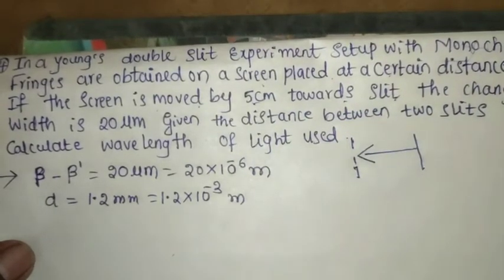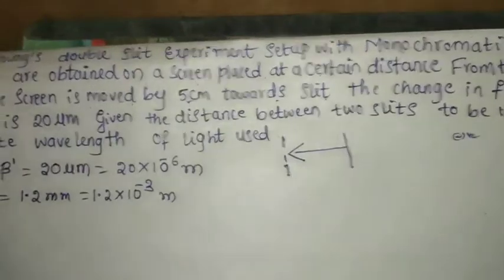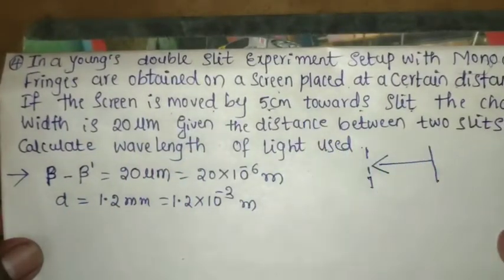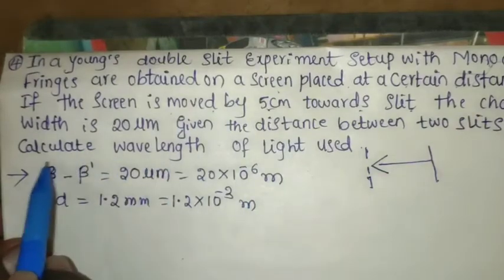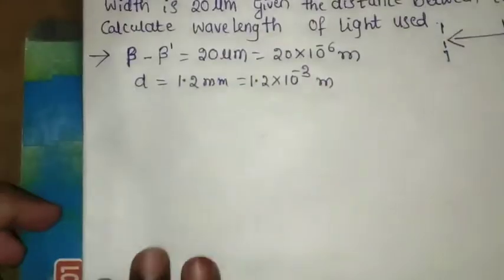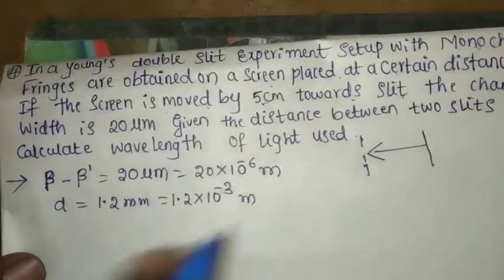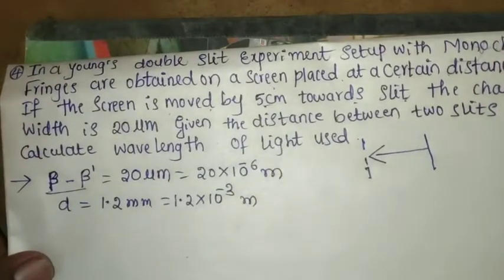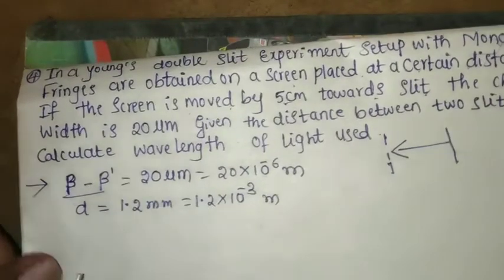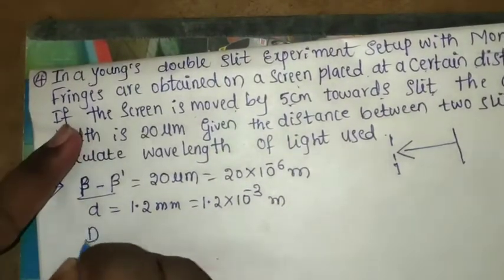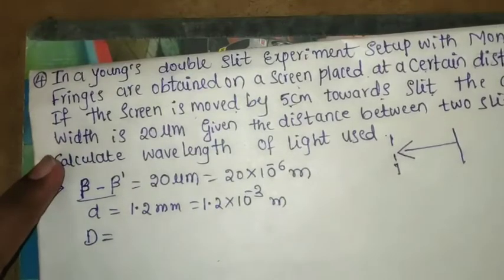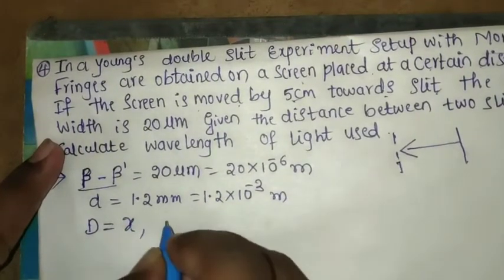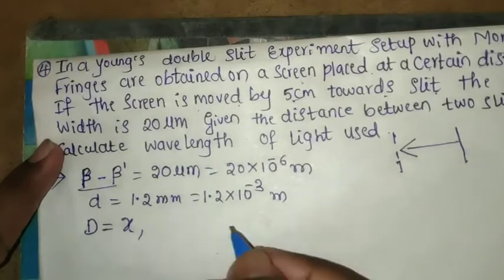Subtraction. Next, the change in fringe width is given as 20 micrometer, and the distance between the two slits is 1.2 millimeter. That is, beta minus beta dash is 20 micrometer, and d is 1.2 millimeter. Now the initial distance from slits to screen is x, the first case.